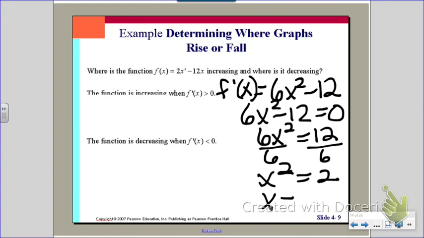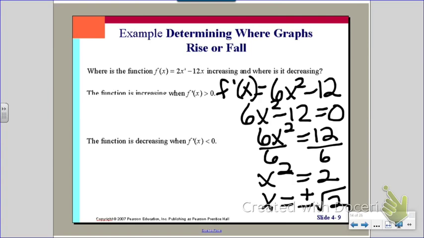Square root it, x is equal to plus or minus the square root of 2. So those are the points where it's going to have a minimum or maximum. It's going to be a critical point, is what we're eventually going to learn it as being called, both points actually. Then we're going to solve for where the derivative is positive and negative.